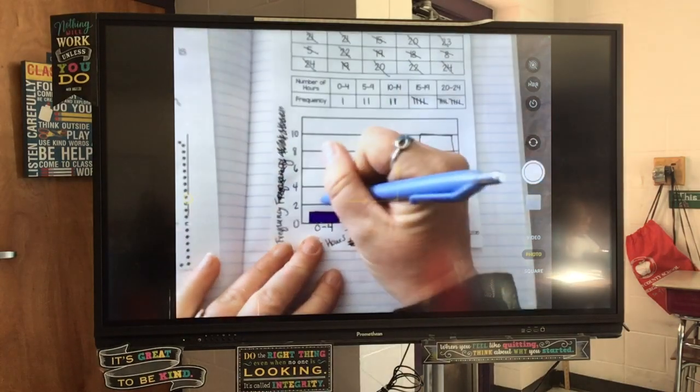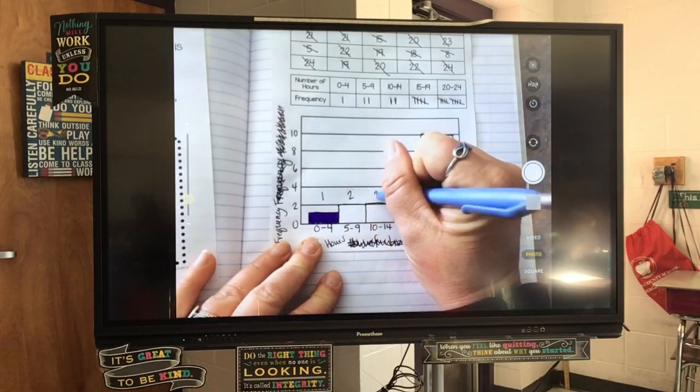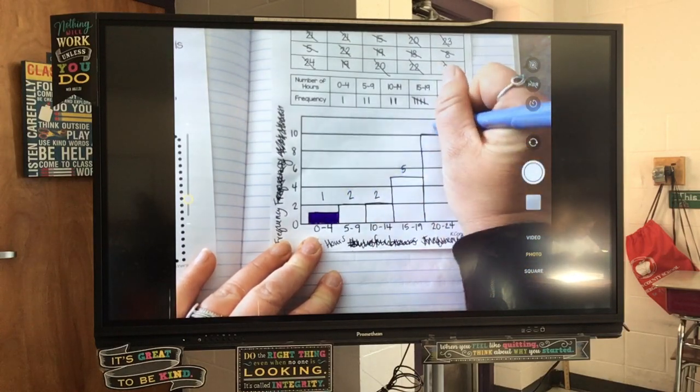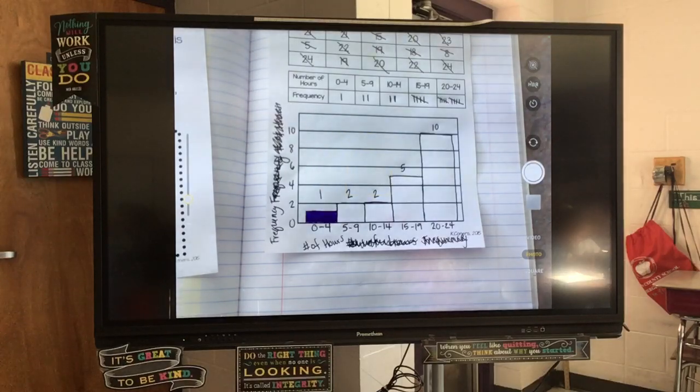And then what might be helpful is you writing the total above each one of these so you know what the total is. You don't have to, it's just something that is helpful.